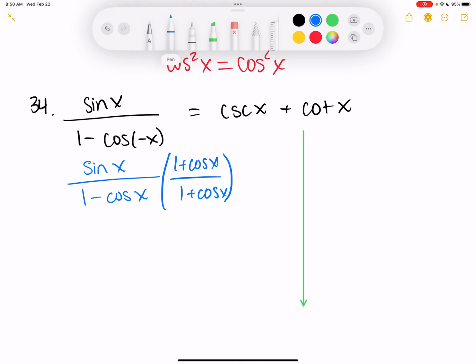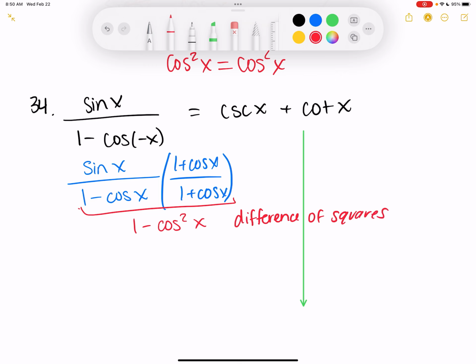So this part right here, just to save a line because it's so long, is going to become 1 minus cosine squared of x, okay, because of difference of squares. I'll just make a note of that. Now, you don't have to write that when you're doing the problem, but if you go back, you see why we did it.